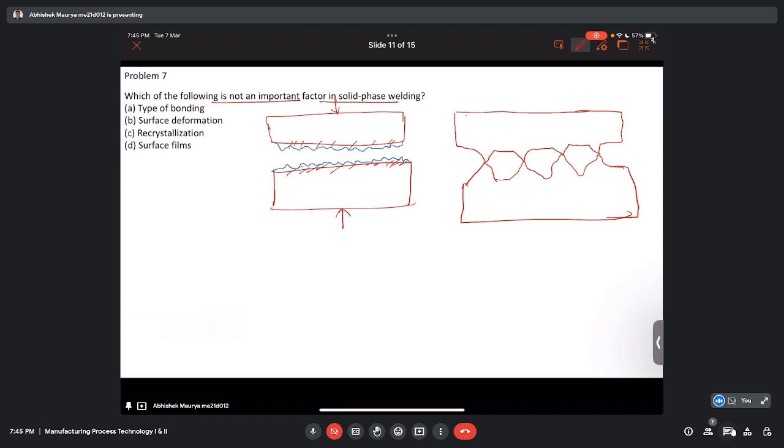So I am zooming out, zooming into this region. You try to bring both surfaces together, but right now you haven't applied any load.